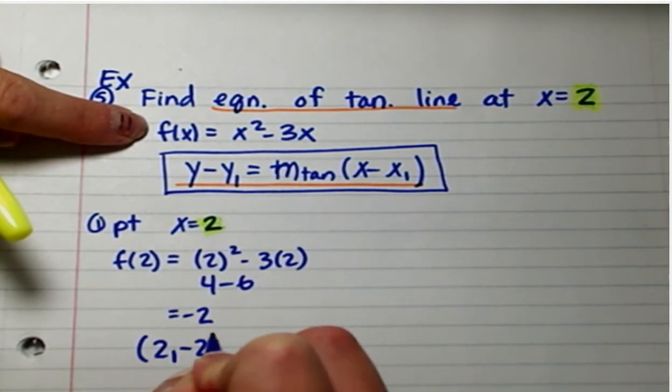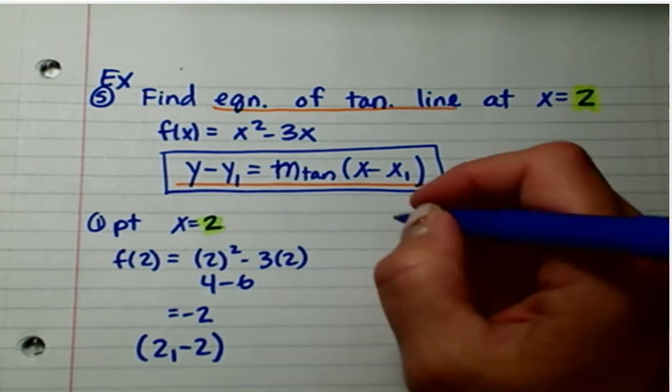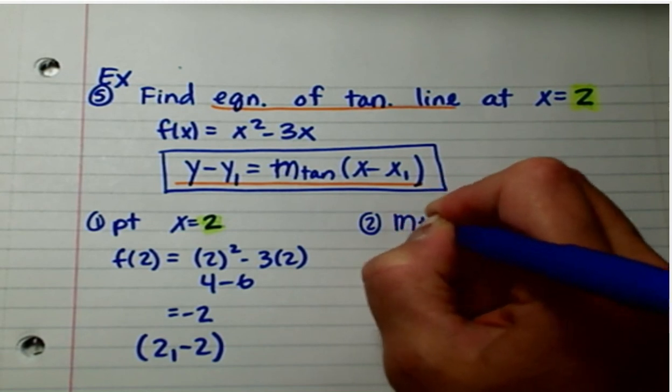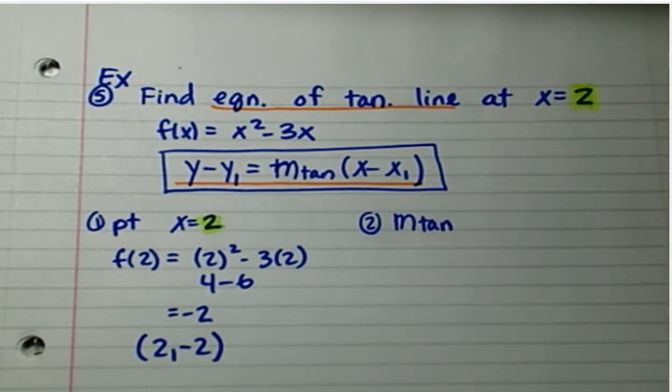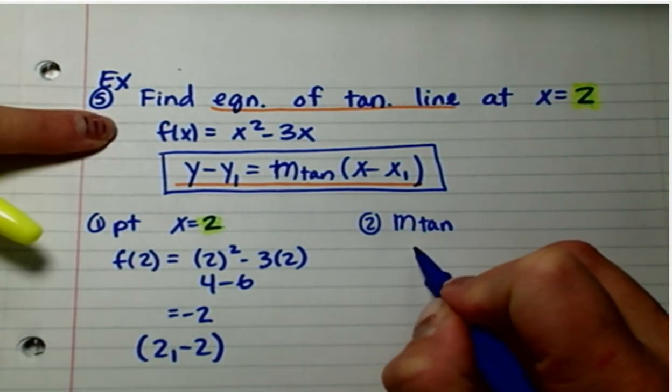Okay, so there's my point. How do you get a tangent slope? I don't know, check example 3 and 4, because that's what we did. You found the tangent slope. Now we're just sort of putting things together.